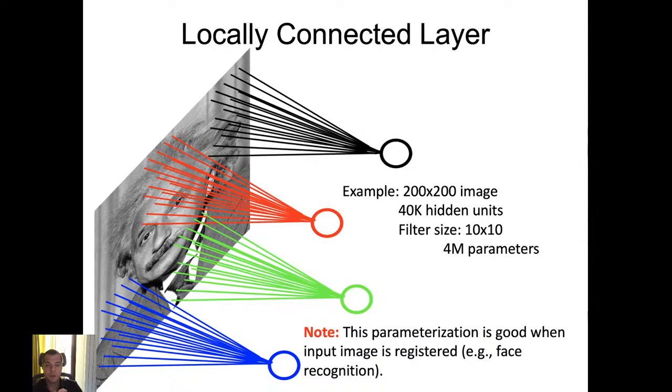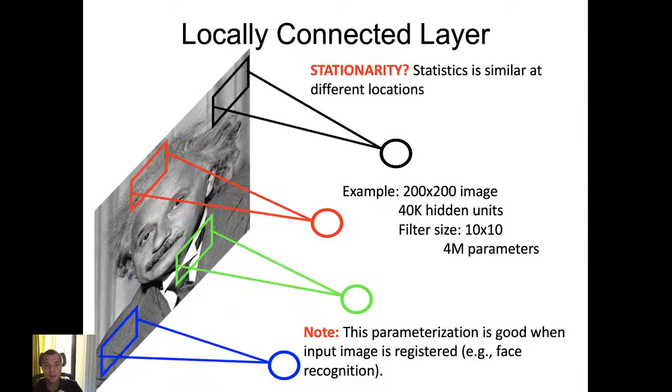But in practice, the objects are not perfectly aligned in the image. So what we want is to apply these units not in a single location, but in every location over the input image.